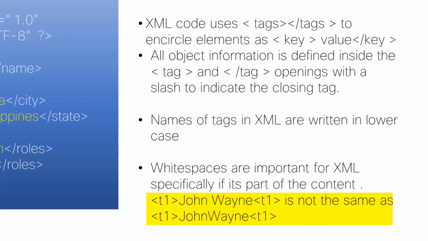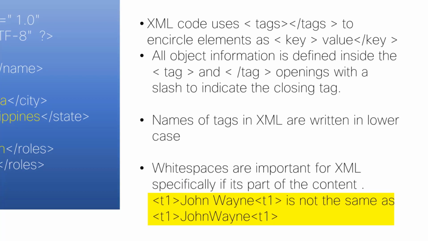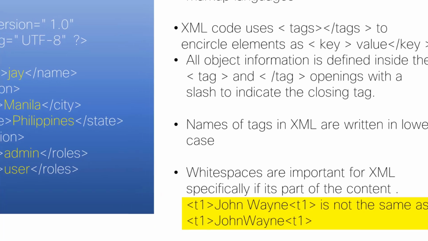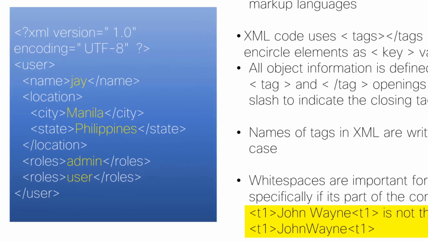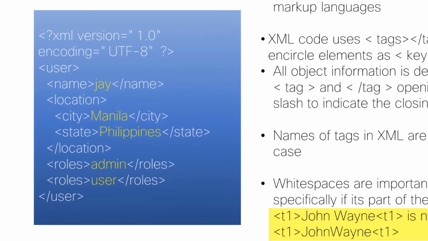It's not the same as a T1 with John Wayne without a space and a closing tag. So you have to make sure that the white spaces are correct within the content body. An object can either contain basic information such as a name, or more complicated data with tags being nested inside the object, such as the location in this case.